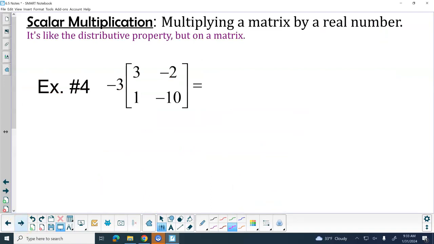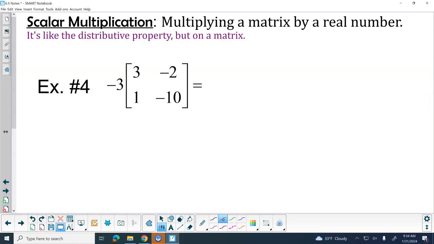Okay? The next topic that we need to talk about is something called scalar multiplication. Scalar multiplication is where you multiply an entire matrix by a particular number. It is very much identical to the distributive property.